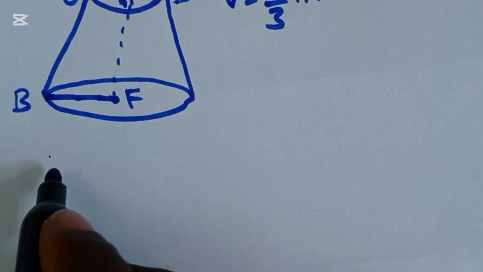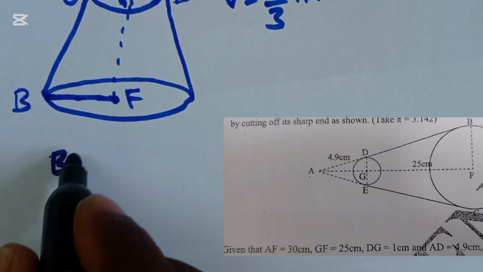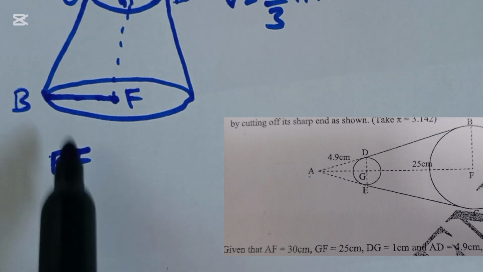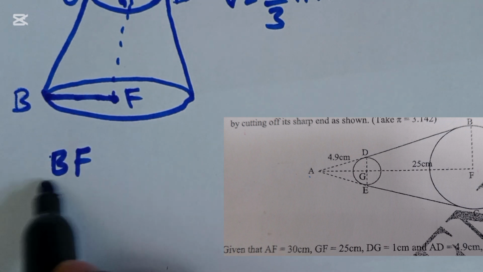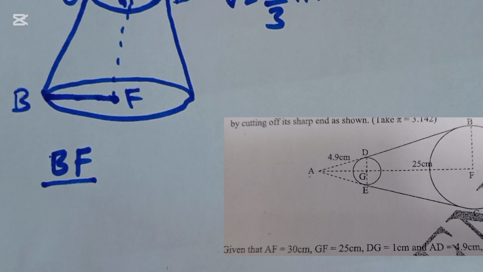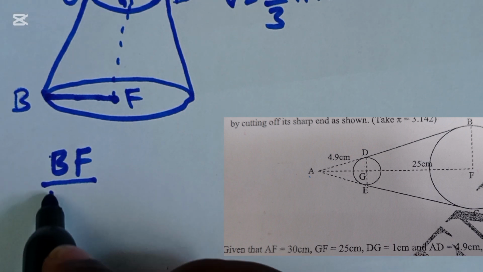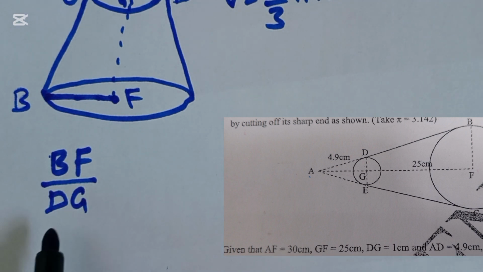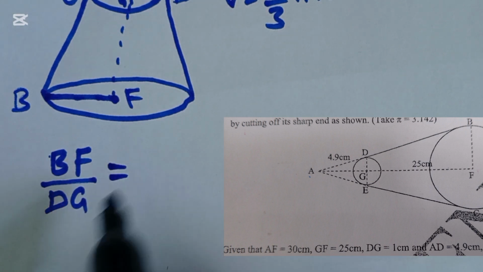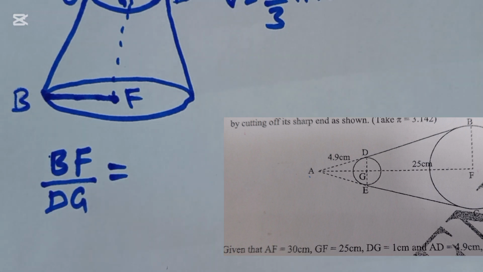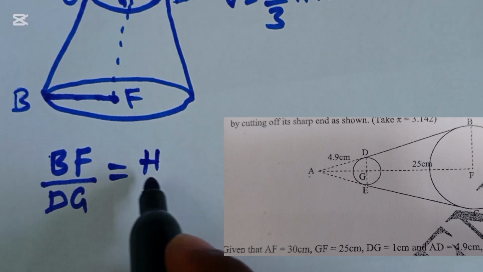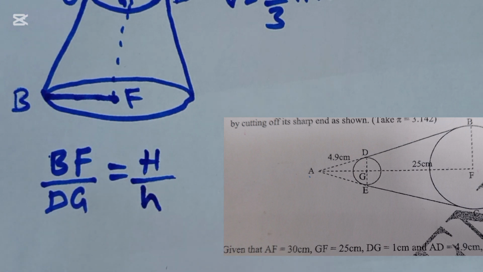So we'll say BF, which is the radius of the big cone, divided by DG, which is the radius of the small cone which was cut off, is equal to, what have I been given? I've been given the heights. So I'll say height of the big cone divided by height of the small cone.